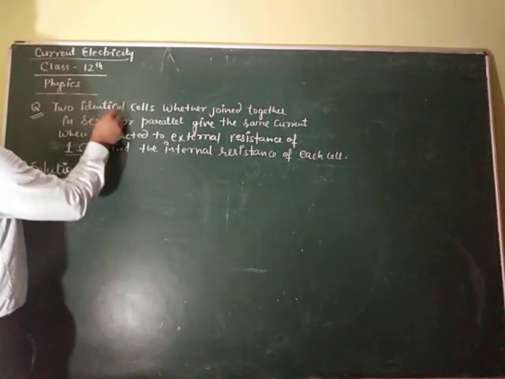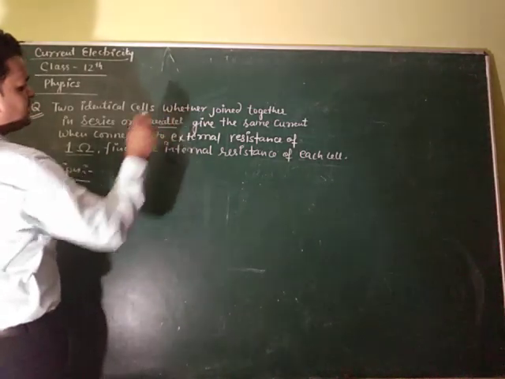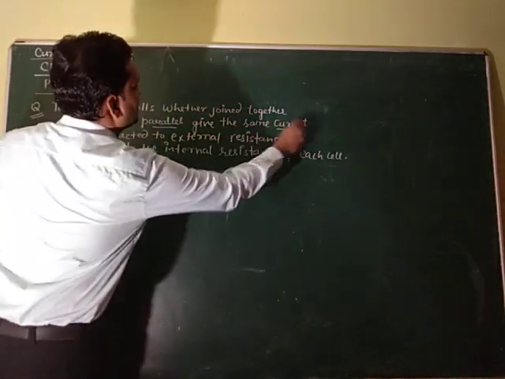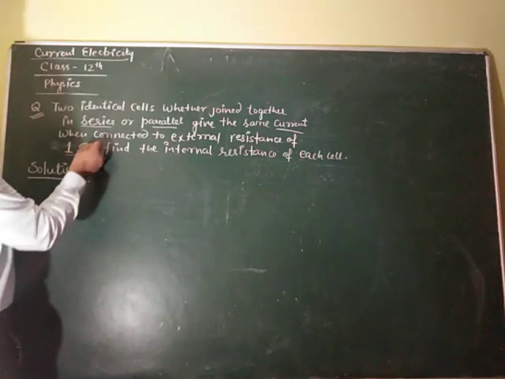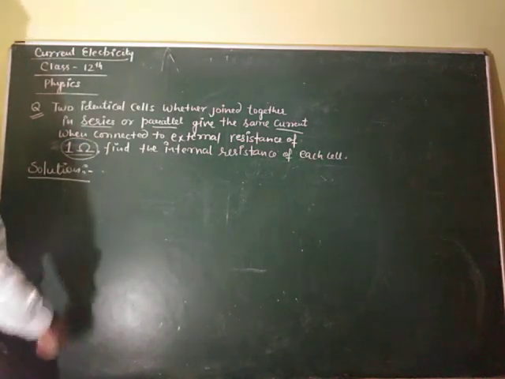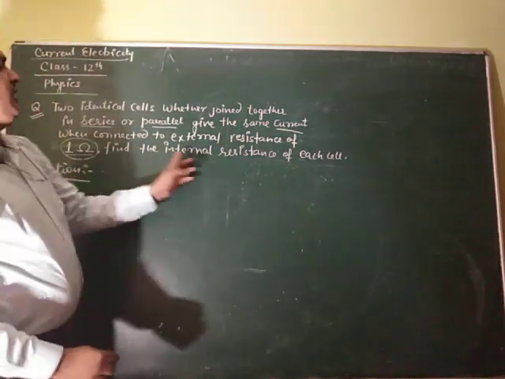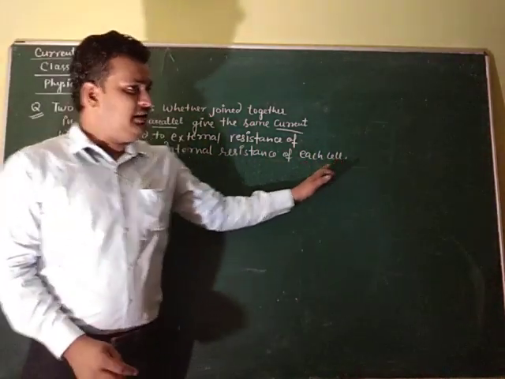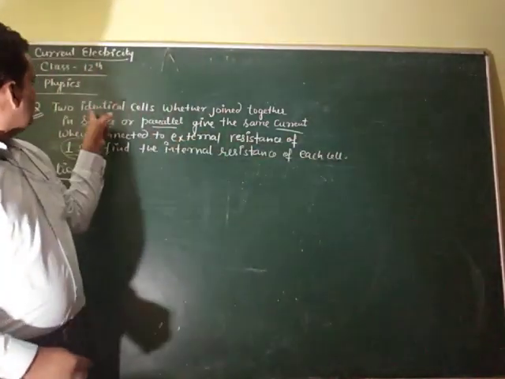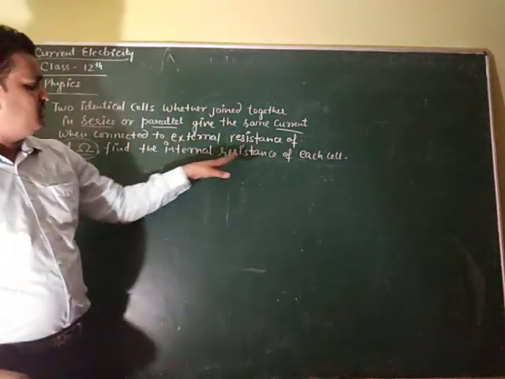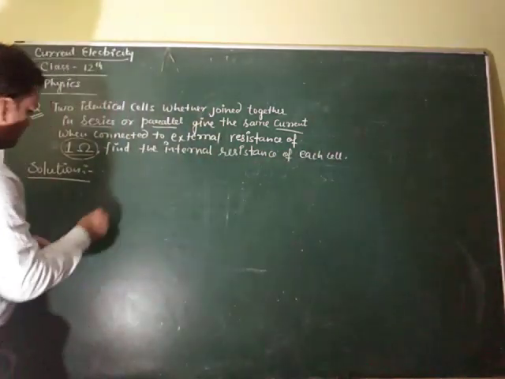Means two cells are either connected in series or parallel, that doesn't matter, they are giving the same current. We have to find the internal resistance of each cell. Each cell is given just to confuse you, because it is an identical cell, means internal resistance will be the same.